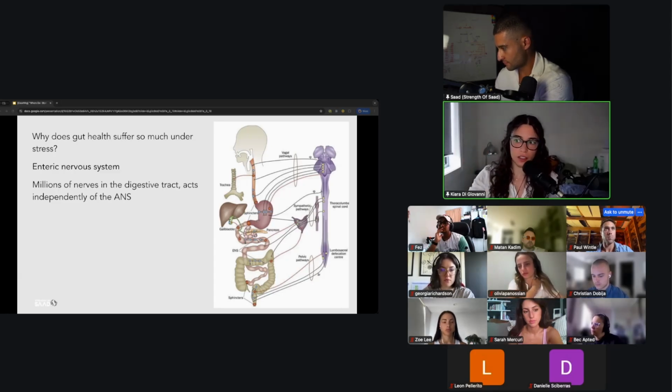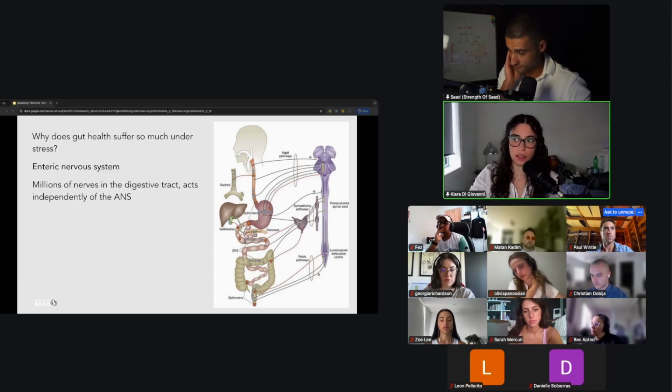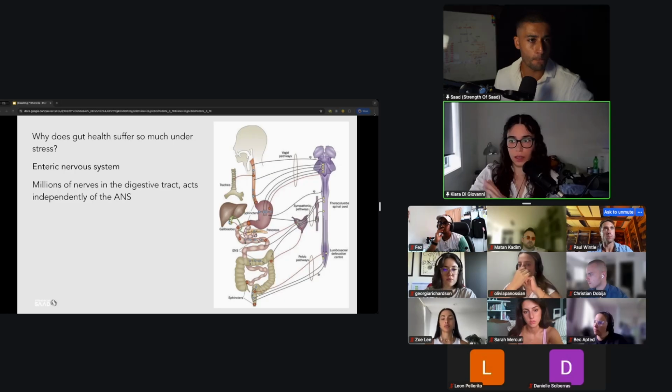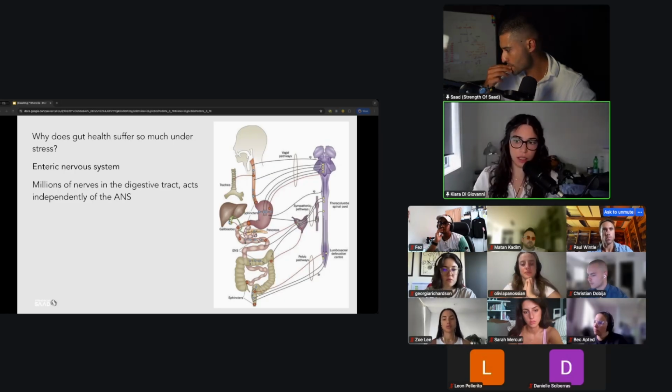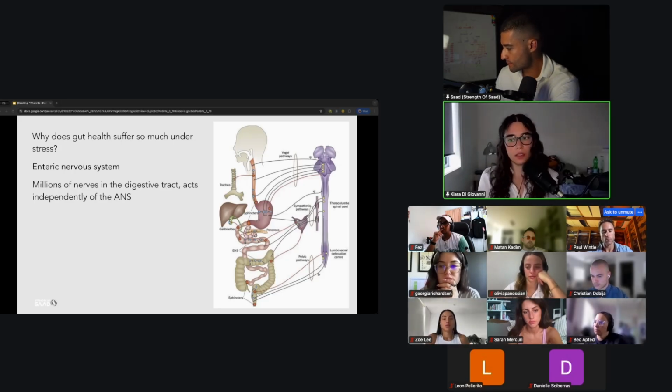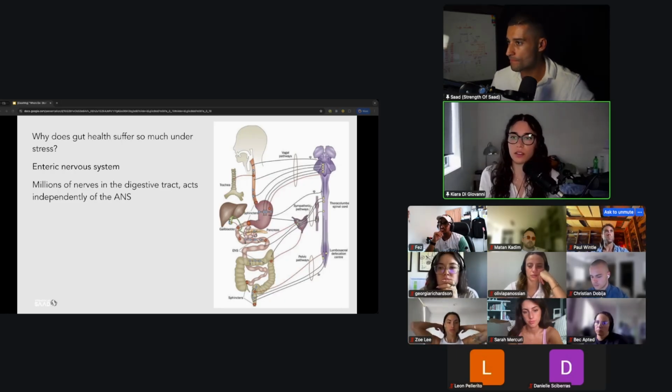In this picture, it's showing your digestive tract. It starts in your throat, your mouth, your mucous membrane, all the way down to the stomach, gallbladder, and all of the other organs below there. It acts independently on its own. It is influenced by the autonomic nervous system as well, but it can pretty much just do its own thing.